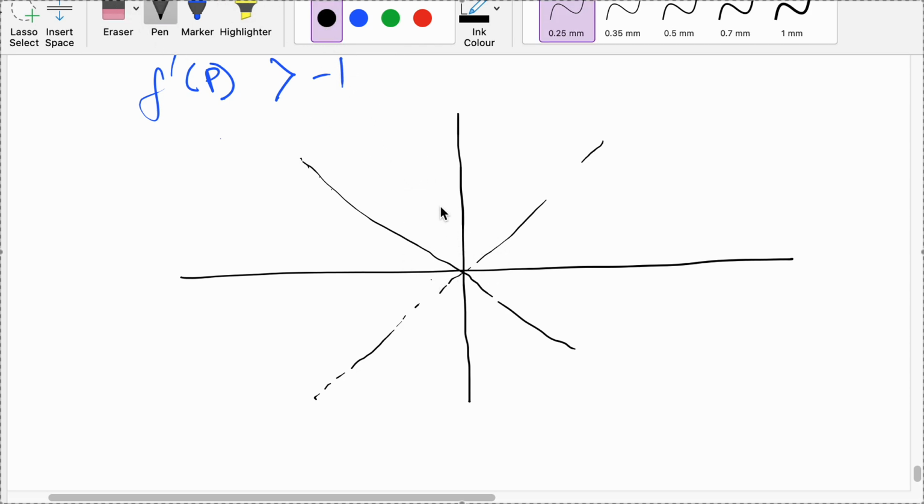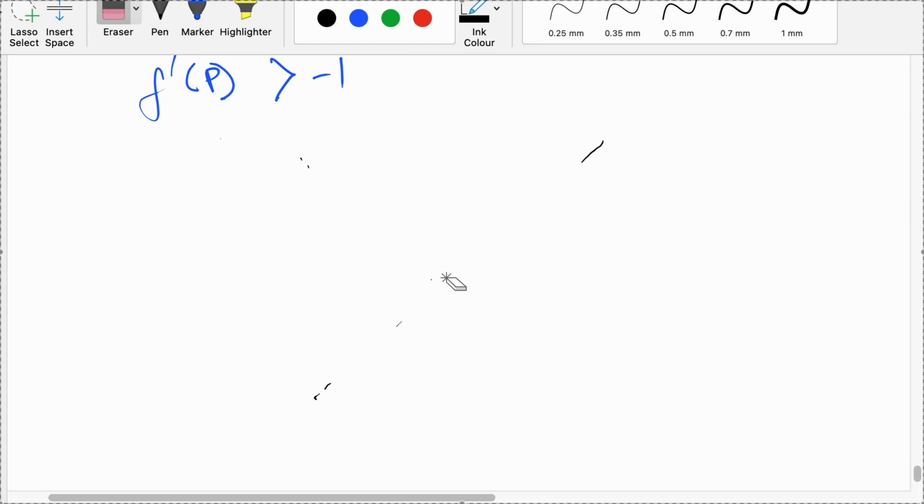So something like that. Maybe it's not, so let's draw this instead. Not very much artistic skill is required to draw this line, so let's draw this line instead.